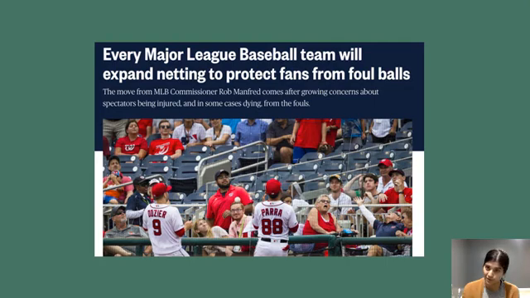We saw a growing number of lawsuits, right? Fans suing teams for those incidents. And then eventually you start to see a handful of teams start to add protective netting, right? And they started to extend that netting down the first and third base lines. And it ultimately led to Major League Baseball coming to the conclusion that all the stadiums need this added netting protection. So that's a great example of change in action, right?